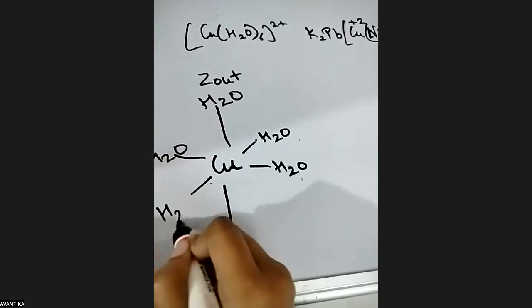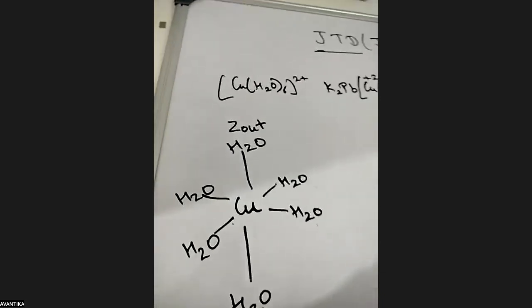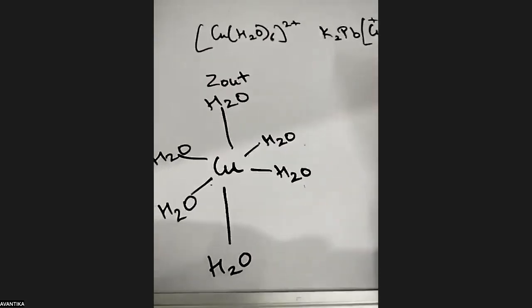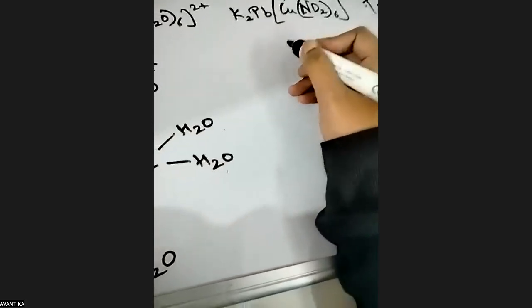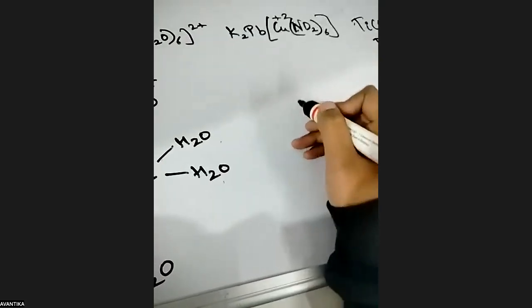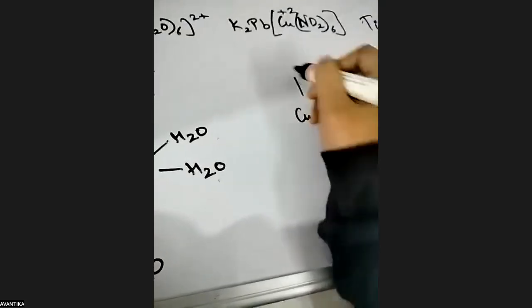So the consequence of strong JTD is that the bond length changes. But here in Cu2+ with NO2 6, we observed that JTD occurs, but all the bond lengths are equal.